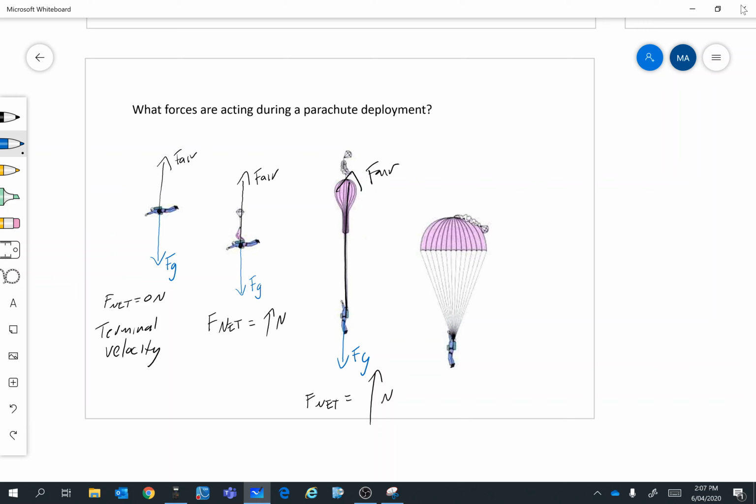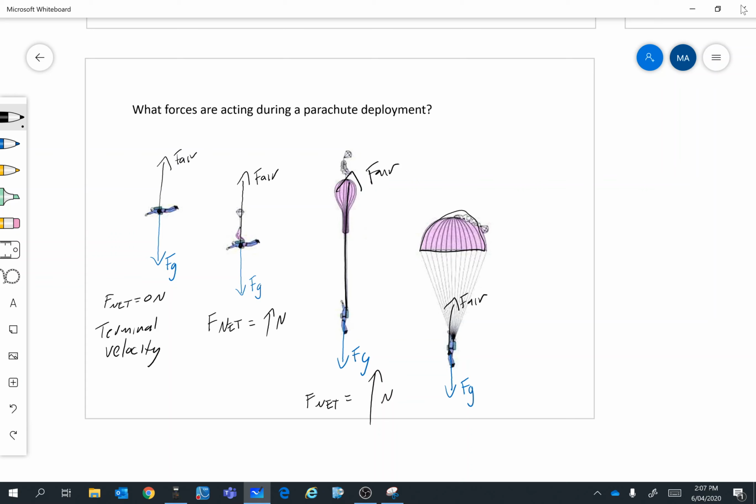Now in this last one, the chute is fully deployed, so now we are back to terminal velocity. However, it's a much slower terminal velocity than over here. Okay, so this can be confusing because students would say, well, wouldn't the parachute, because it's so big, have way more air resistance than the person when they were falling before?